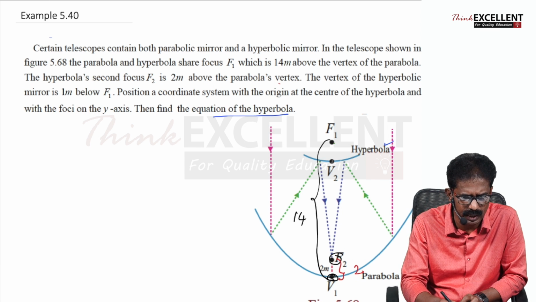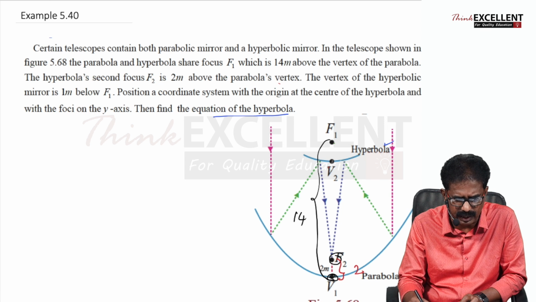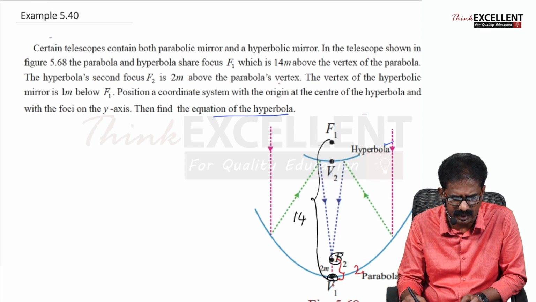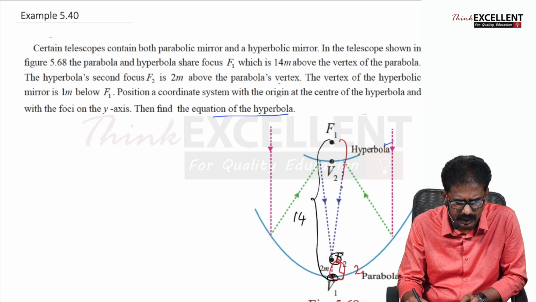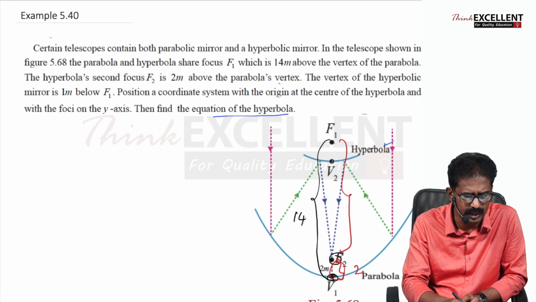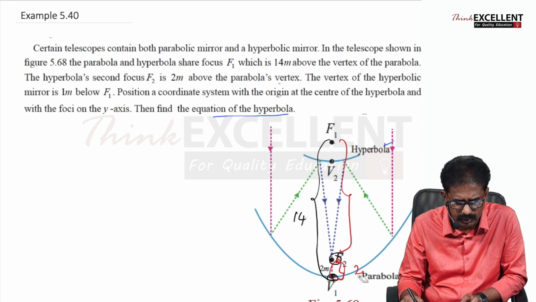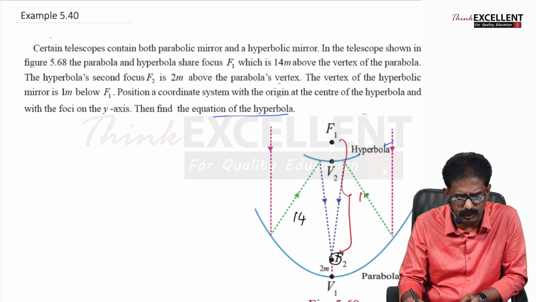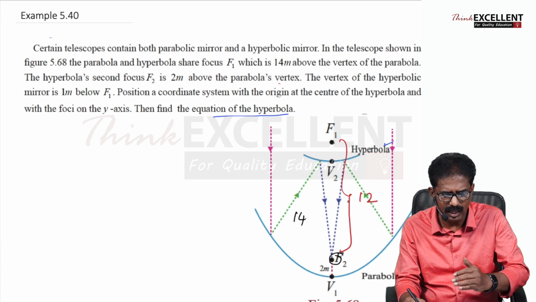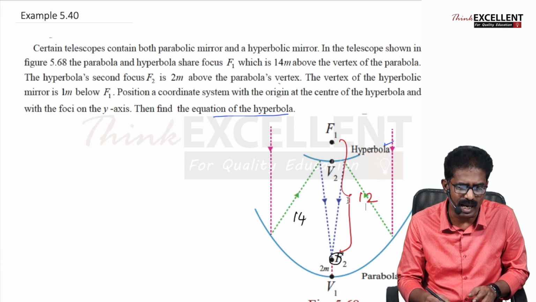So you know the full length, F1 to the bottom vertex, is 14. This part is 2. So from that 14 you have to remove this 2, and you will get 12. This 12 is the distance between F1 and F2.